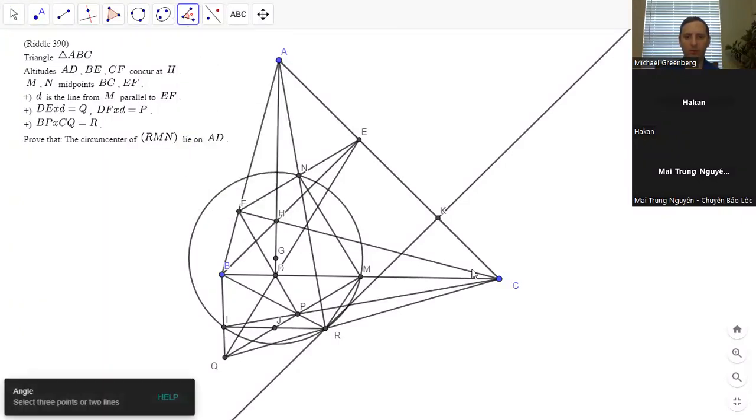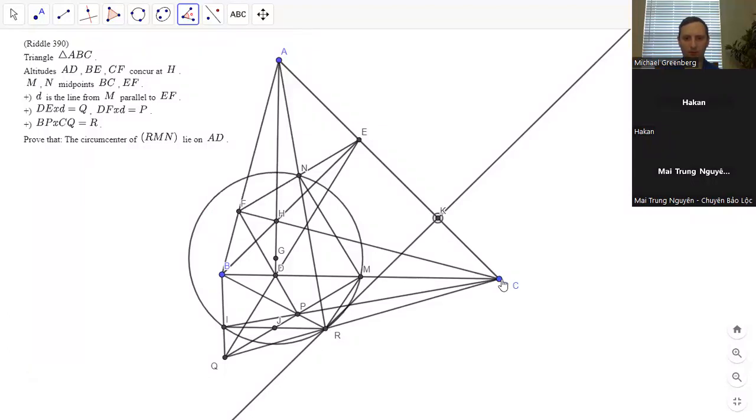Does this equal? I wonder if this angle is equal to something else. That's 61.3. It's not that.